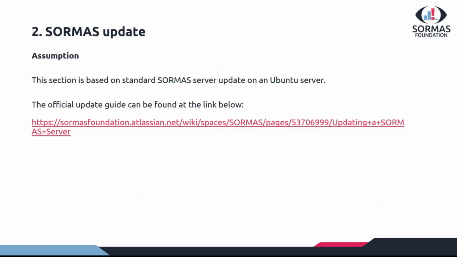Anytime there is a new version of SORMAS, you do not need to run server setup again. You only download the new version of SORMAS, cd into the directory where this script is, give it the necessary permissions, and execute it, and it will automatically deploy the new update of SORMAS for you.